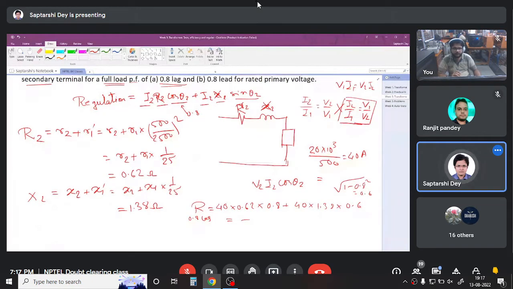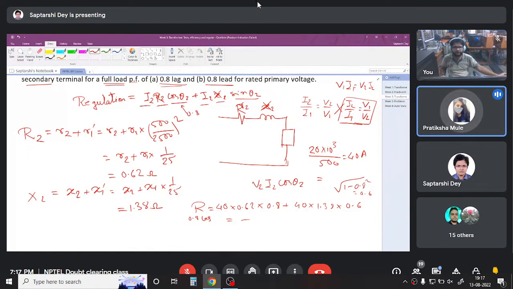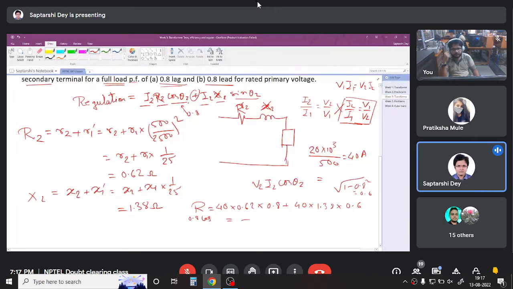The question is, how will this value change if it is a leading power factor? Anyone? What will change if it is a leading power factor? Minus sign will be there. This will be minus simply. Because this formula, you remember this, sometimes people get confused.